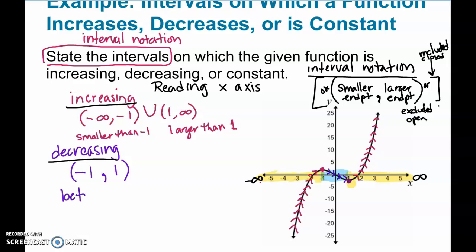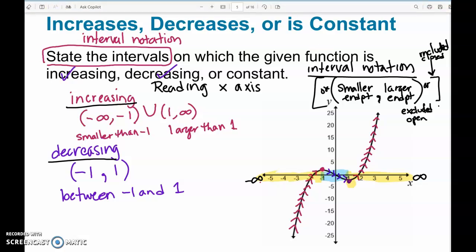And so this is the numbers that fall between -1 and 1. So what I'm writing out is the wording or the description of that interval notation. So we've got increasing, we've got decreasing. Constant, there is nothing constant here, so we don't have to write anything.